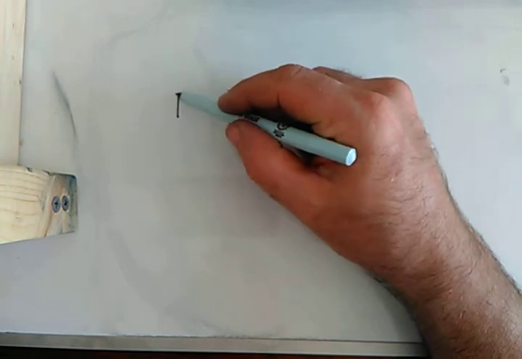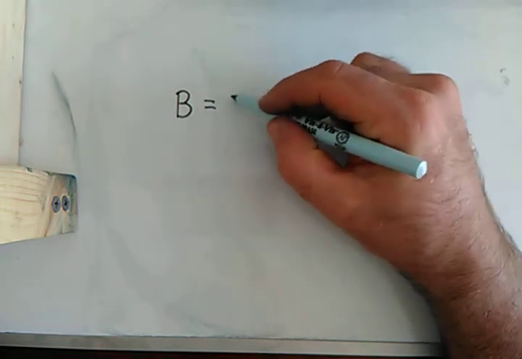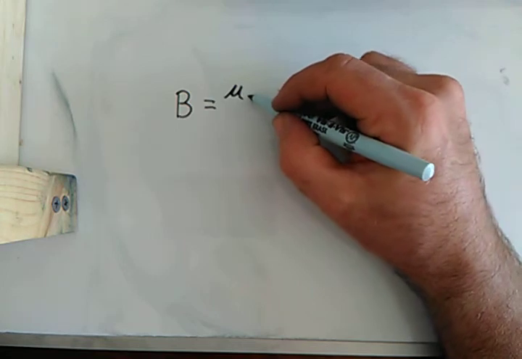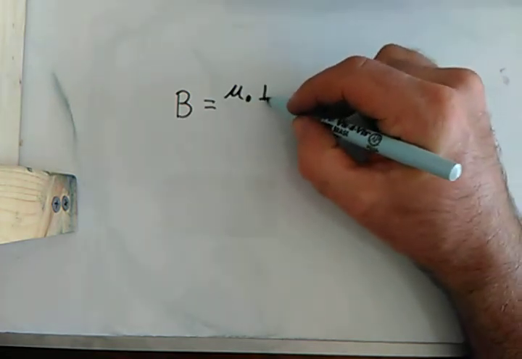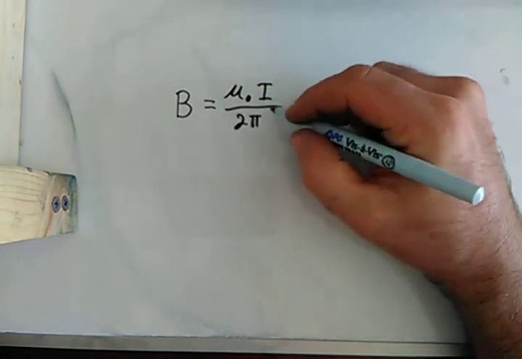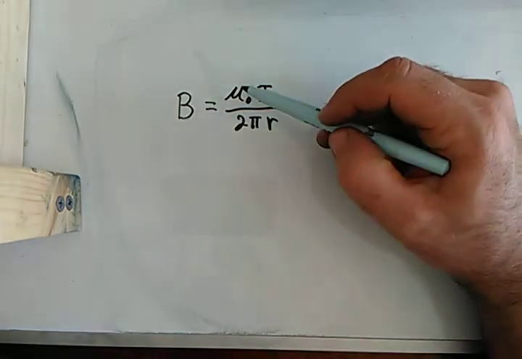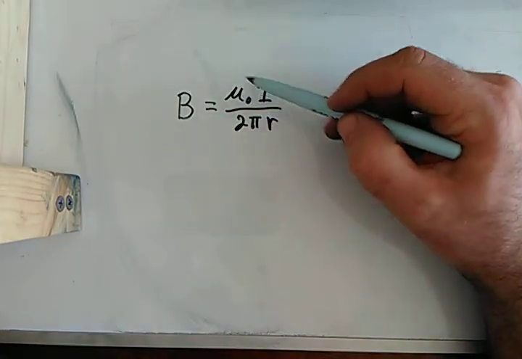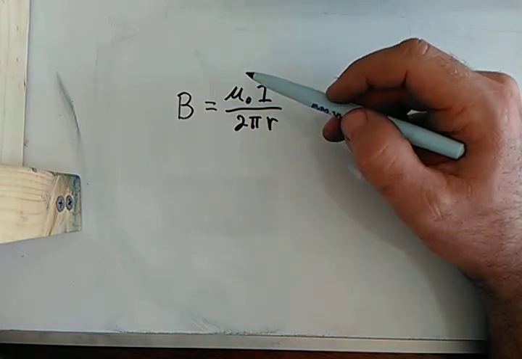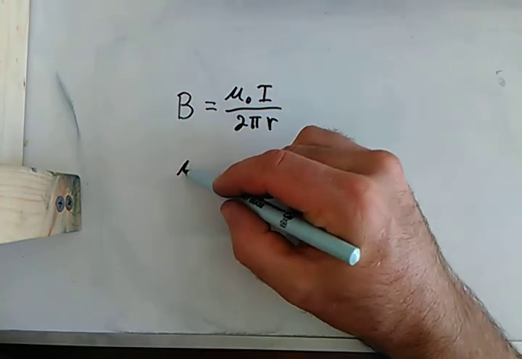The magnetic field is given by a constant, which is called the permeability of free space, and it actually has a value. I'll give you that value here.